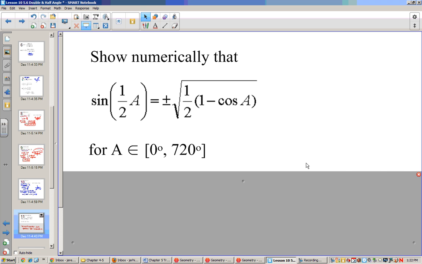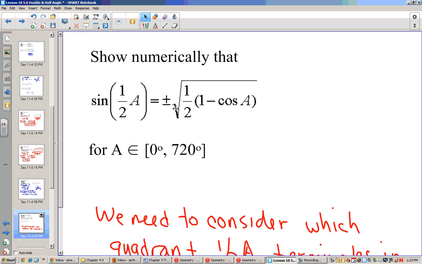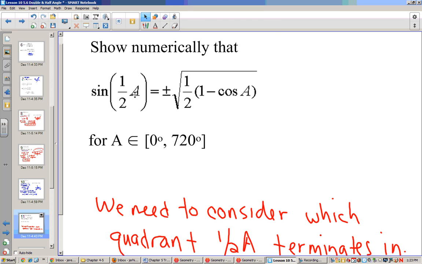So here it says show numerically that sine of 1/2 a is equal to this. So what that means is we need to just think of some number. So let's do the sine of half of 100.